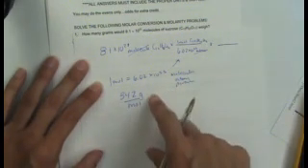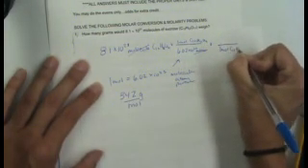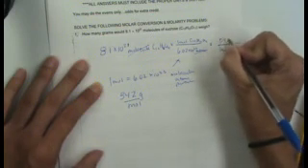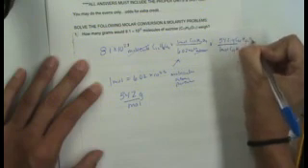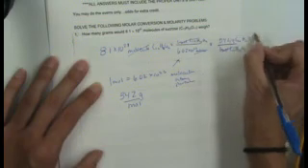So for every 1 mole of C12H22O11, we have 342 grams of C12H22O11. So now your moles units are going to cancel out, so the only units I'm left with are grams. So now we need to multiply across the top, divide by the bottom.